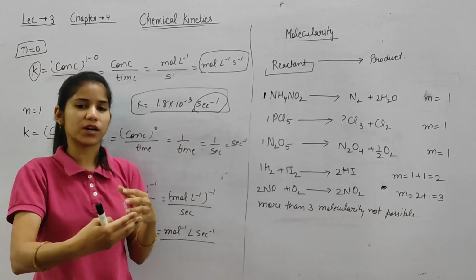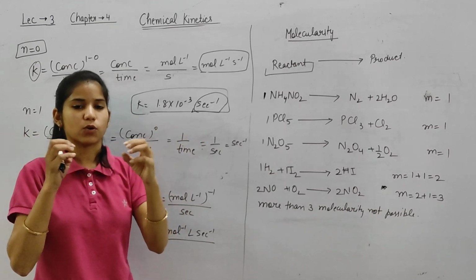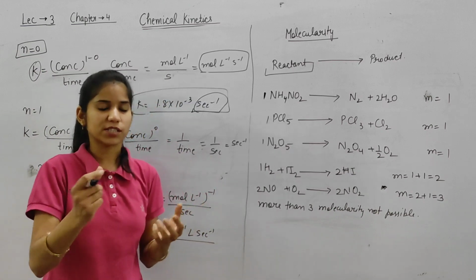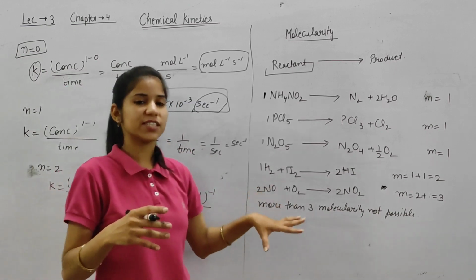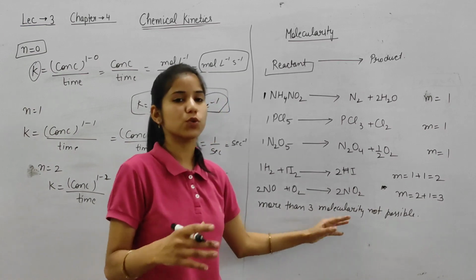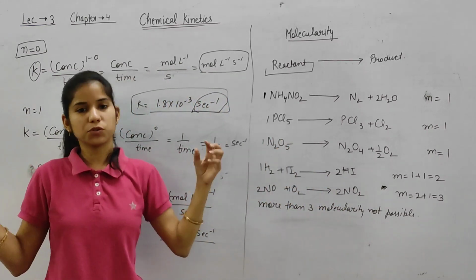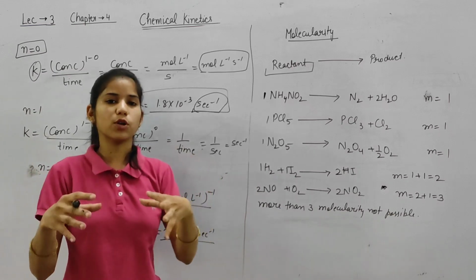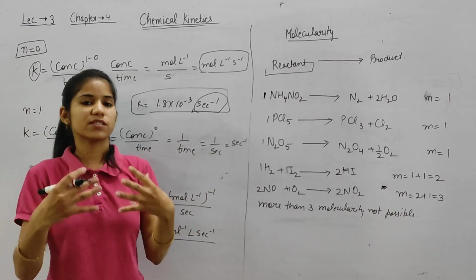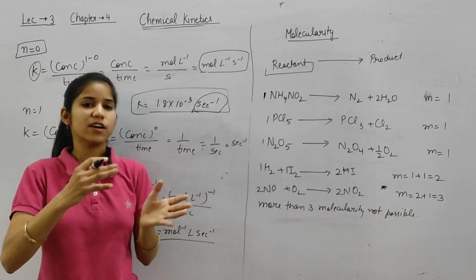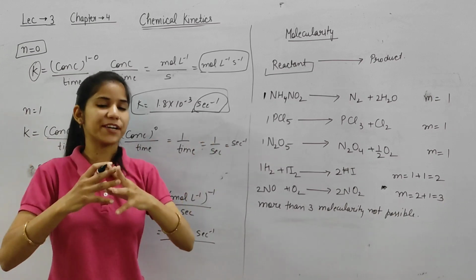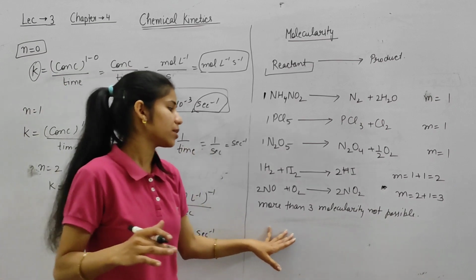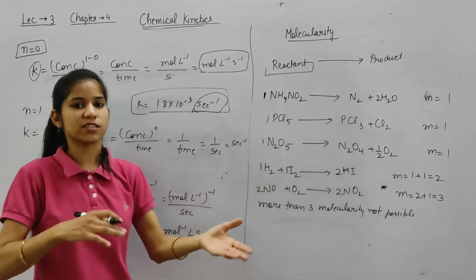Only in 1 or 2 molecule conditions may they collide simultaneously, but there are some chances of colliding, but these are rare chances, like 3 molecules colliding together. 2 molecules colliding together, there is a very great chance. But 3 molecules colliding, there is a rare chance, and 4 molecules colliding together, there is very less chance. That's why molecularity after 3 is not possible.